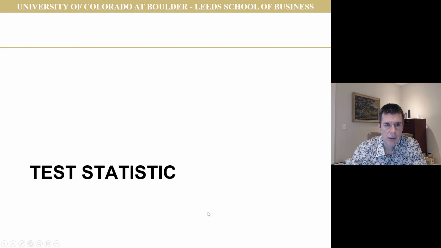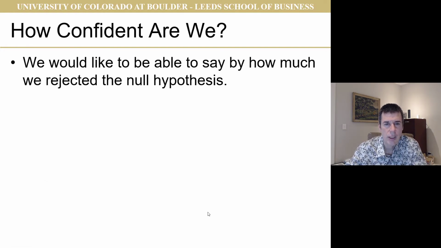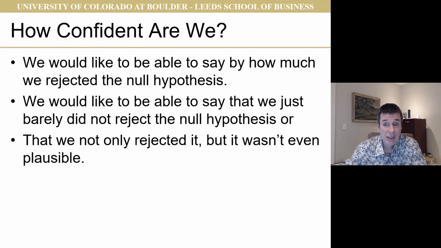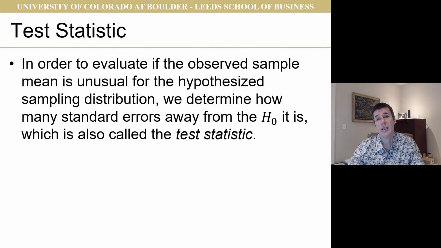We now talk about the test statistic. So we want to know how confident we are. We would like to be able to say by how much we rejected the null hypothesis. Did we barely reject it? Or not only did we reject it, but it wasn't even plausible. So in order to evaluate if the observed sample mean is unusual for the hypothesized sampling distribution, we determine how many standard errors away from H0 it is.